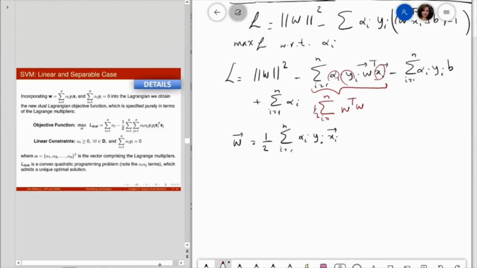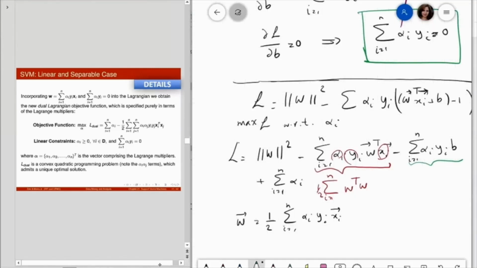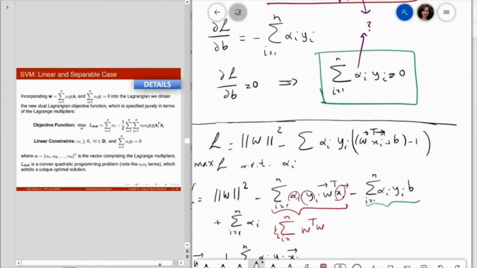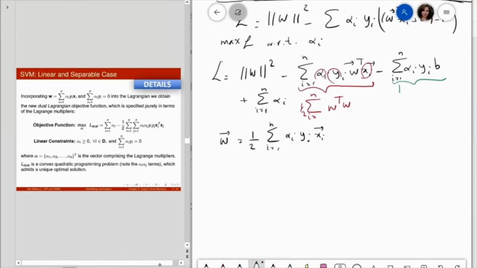And then what I see here is that I have learned from above that sigma alpha i y_i is equal to 0. So this is equal to b multiplied by sigma alpha i y_i, because b doesn't have an index i, so I can put it out. This is 0, so this whole thing is going to be 0.